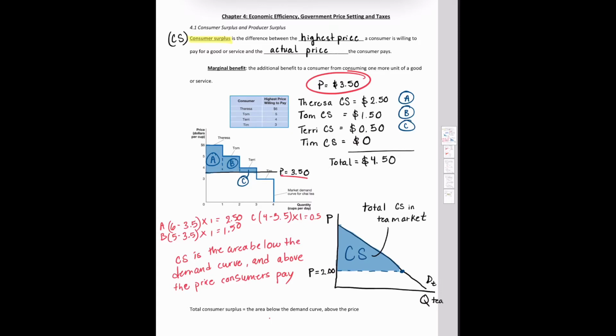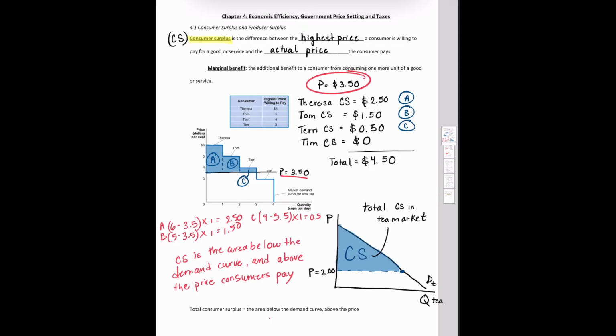And so consumer surplus is going to be the area below the demand curve and above the price that consumers pay. Here we can see if we look at the tea market as a whole, because the market is larger than just our 4 consumers, we're going to derive a demand curve that looks like a normal straight line, a normal downward sloping demand curve, and consumer surplus will be defined in the same way.